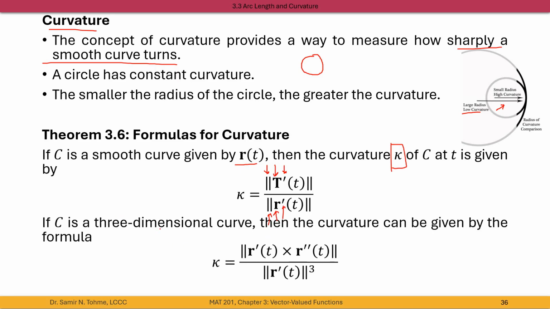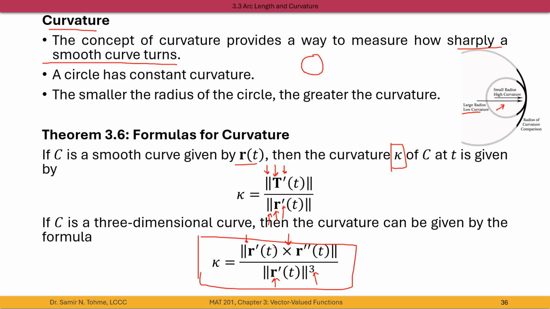If you have a 3D case, a curve in 3 dimensions, you're going to use this equation. Kappa is equal to the magnitude of the cross product of r prime and r double prime divided by the magnitude of the derivative of r to the power of 3.